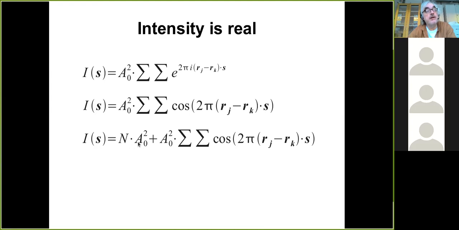This is not interference, it's just scattering due to the fact that there are atoms. Usually, in all practical cases, the interference term is nearly infinite, if I may say so. I hope there are no mathematicians listening. It's nearly an infinite number of times bigger than this self-scattering. But in some cases it could in principle be of interest to look at it.